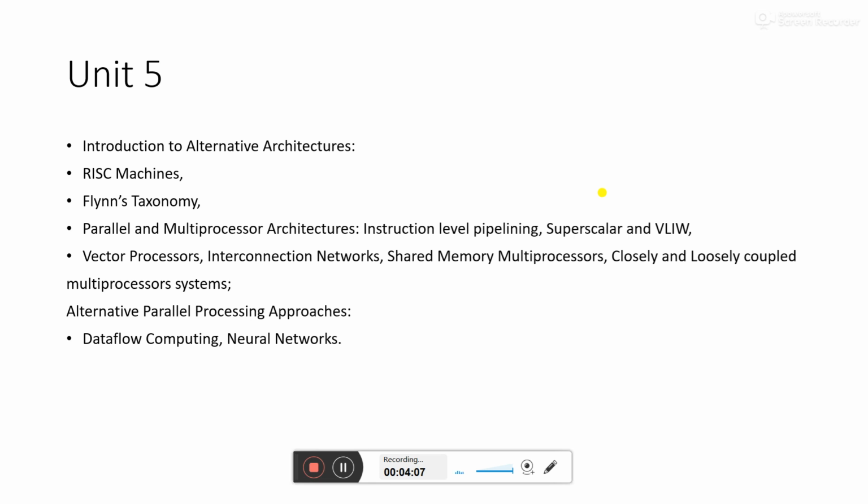For that kind of problem we need some advanced architectures.